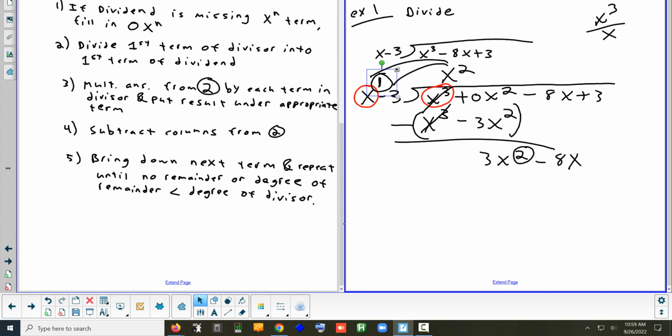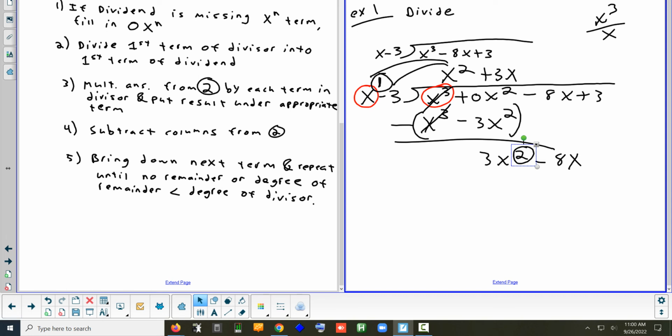Okay, so now we'll repeat steps 2 through 5 until we're done. So now divide x into 3x squared. What do you get if you divide x into 3x squared? 3x.